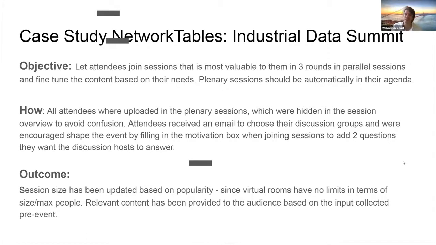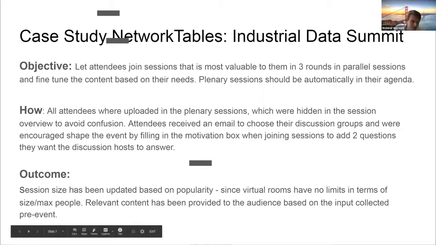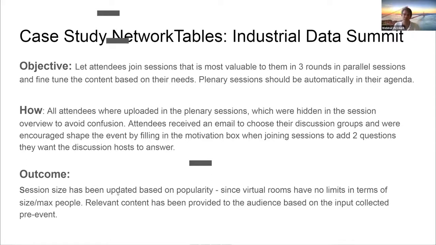So the outcome of this case study: the session size has been updated based on popularity. This is super interesting. Doesn't matter, virtual events or physical events, if you know beforehand who's going where, and which session is more popular than the other one, you can, for example, in a physical event, update locations.